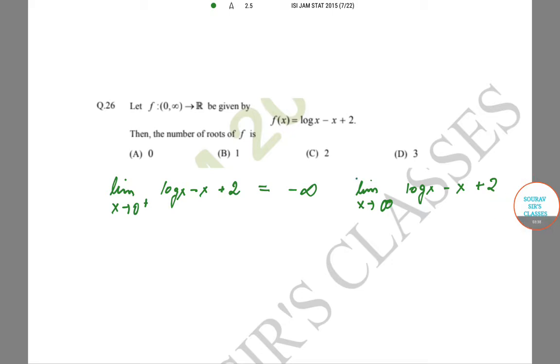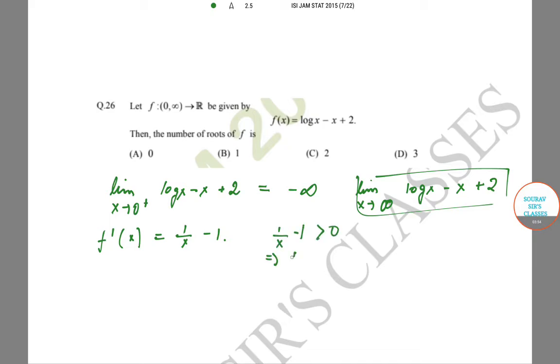Now before finding out this, let us see what the derivative of the function, f prime x, looks like. It's 1 by x minus 1. Now 1 by x minus 1 greater than 0 implies 1 by x is greater than 1, which implies x is less than 1.